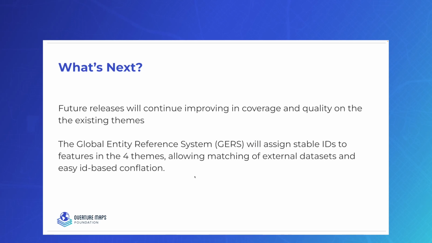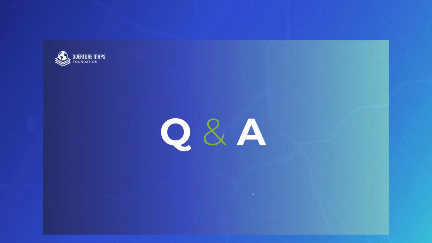And the global entity reference system, which we mentioned briefly, this will assign stable IDs to features across these 4 themes, allowing the matching of external data sets and then also easy ID-based conflation. So stay tuned for the release of the Global Entity Reference System, or GERS as we're calling it. And with that, happy to move on to a Q&A, and hopefully we can answer some questions.